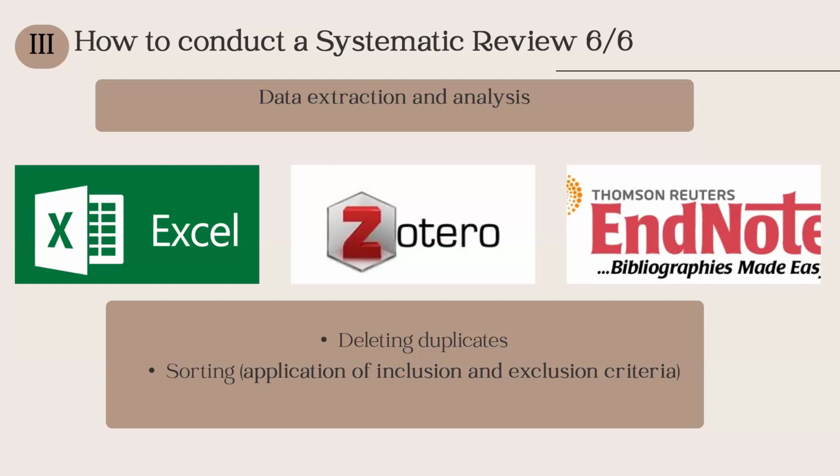All references that have the same title and author and were published in the same year, and those that have the same title and author and were published in the same journal, should be deleted. References remaining after this step should be analyzed according to inclusion and exclusion criteria.